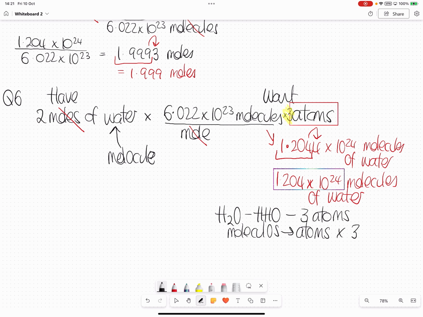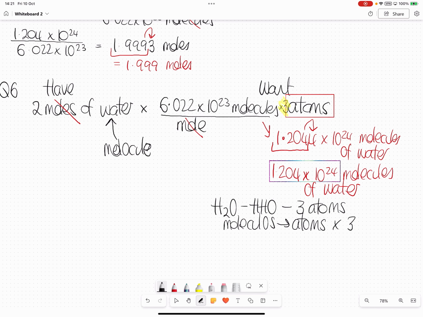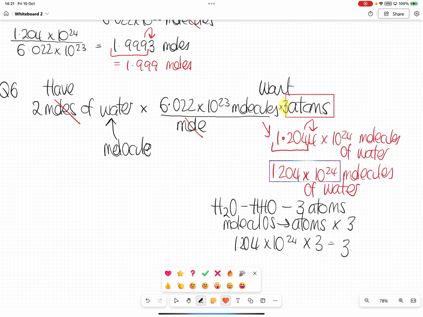So 1.204 by 10 to the 24 multiplied by 3 is going to give me 3.6132 by 10 to the 24. I want 3 significant figures. I look at the end of it, and when I am done, 3.613 by 10 to the 24 atoms.